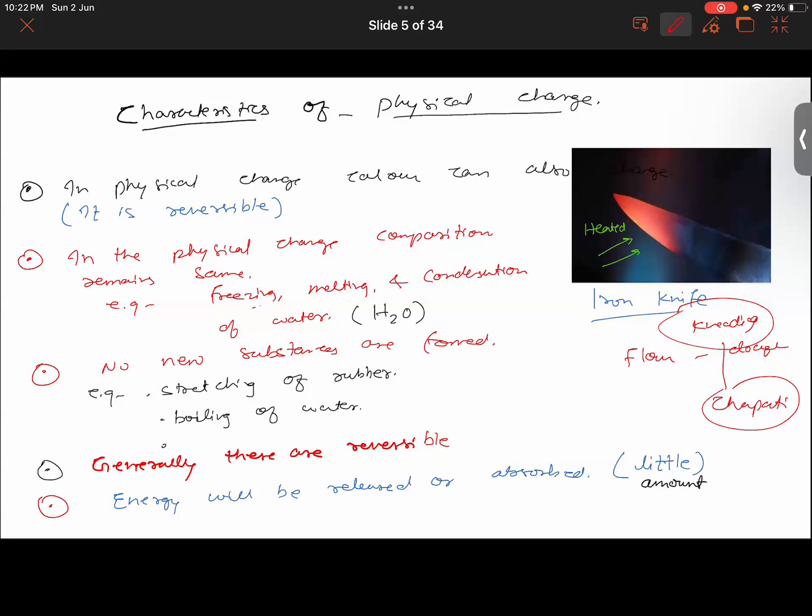All chemical changes are irreversible in nature, meaning you can't get the original product back. Chemical changes are sometimes also called chemical reactions.